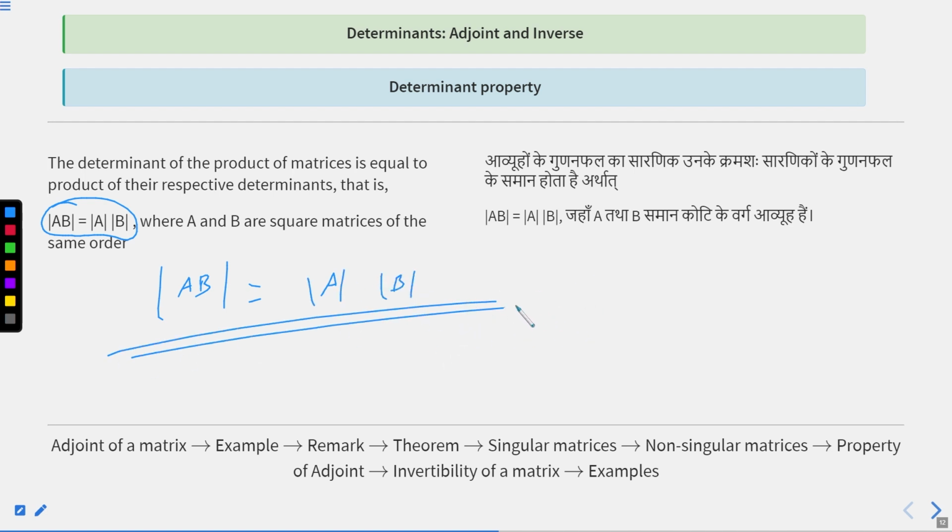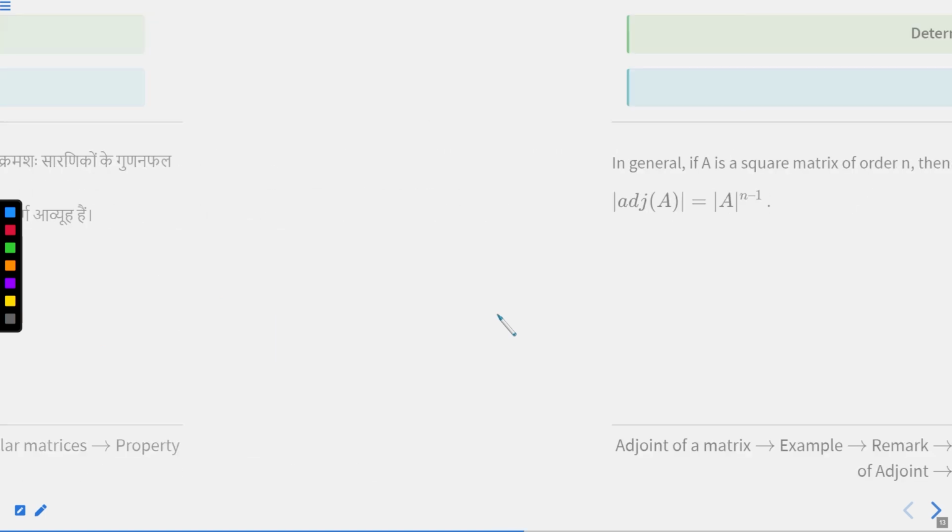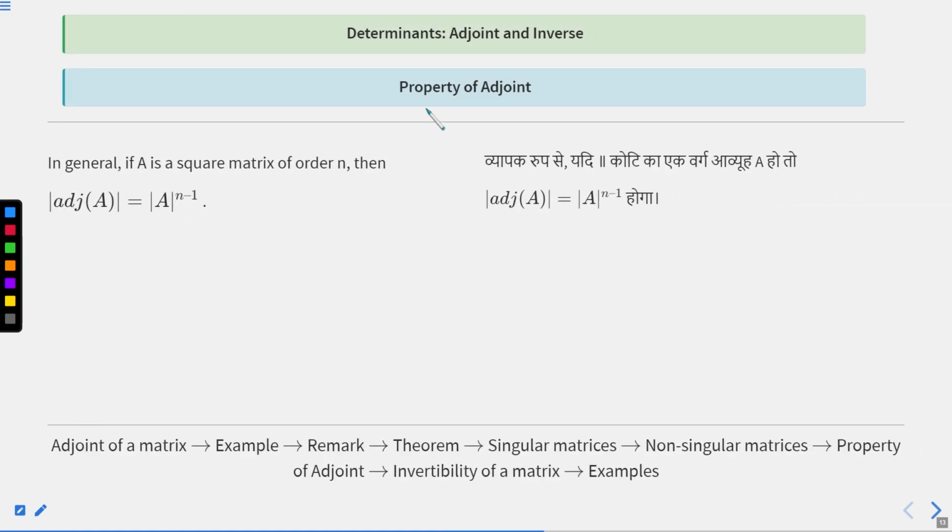We verified this in the case of 2 cross 2 matrices and 3 cross 3 matrices. Now I am just recalling from the previous session. We also saw as a fact that the determinant of adjoint of A is equal to determinant of A to the power n minus 1. We saw this in the case of 2 cross 2 and 3 cross 3, and we verified it.